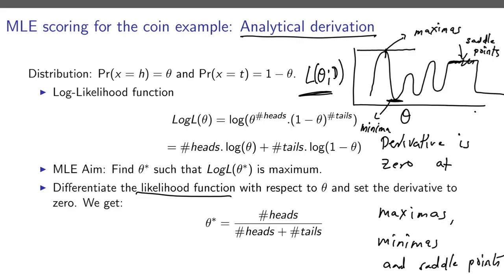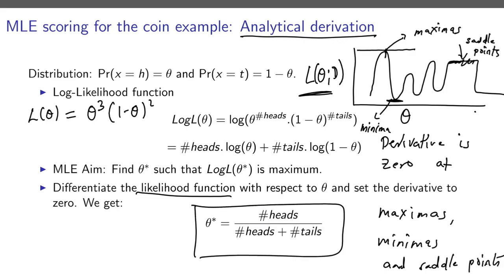So it turns out that if you take the likelihood function that is given to us, which is nothing but theta cubed times 1 minus theta the whole square, and take the derivative of this with respect to theta and solve for theta, you will get theta star, which is equal to the number of heads divided by number of heads plus number of tails, right?